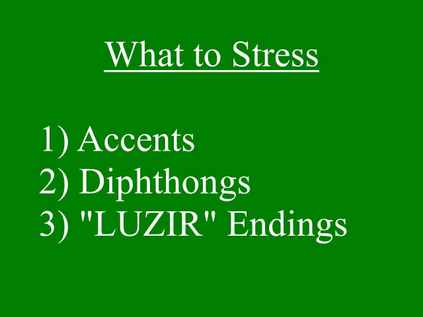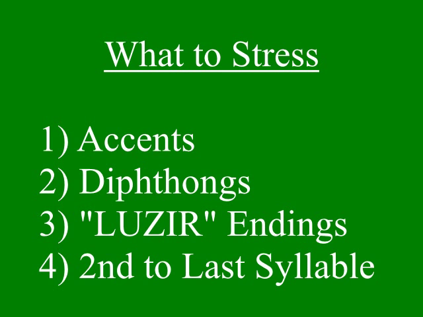If the last letter of the word is in luzir, L-U-Z-I-R, then the last syllable of the word gets the stress. And if the word you're trying to read doesn't have an accent or a diphthong or has the last letter in the word luzir, then you simply go to the 4th step, which is put the stress on the second to last syllable.